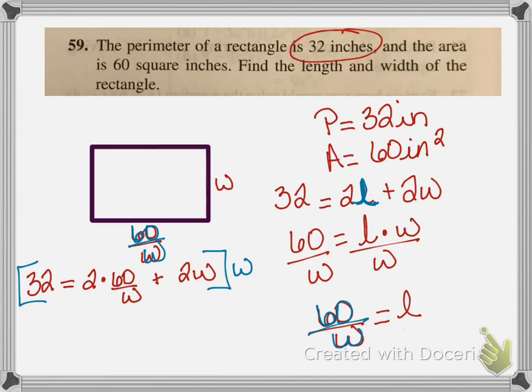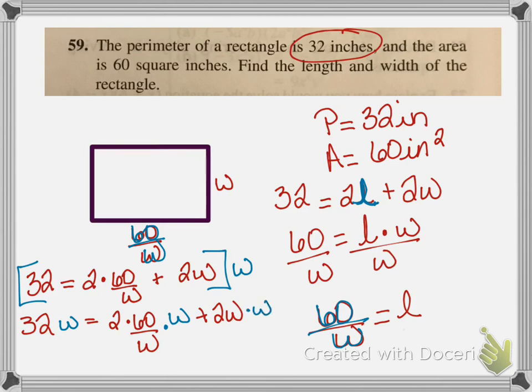Okay, so now I'm going to multiply everything by W. So I have 32 times W, then I have 2 times 60 over W times W, and then I have plus 2W times W. Okay?